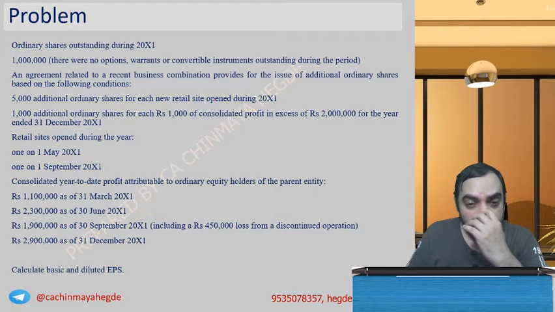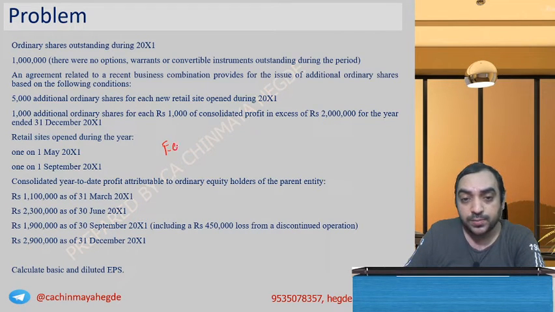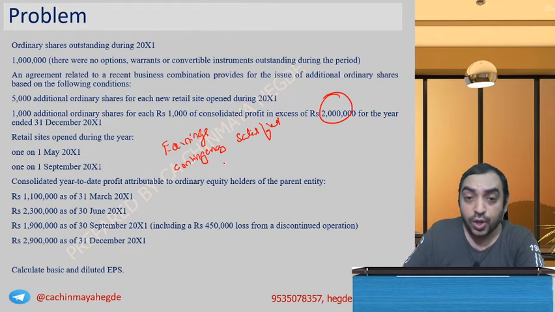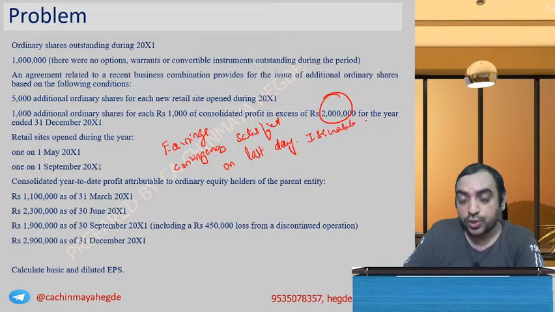I repeat, the earnings contingency is satisfied, crossing 20 lakh on the last day. So shares are issuable on the last day.